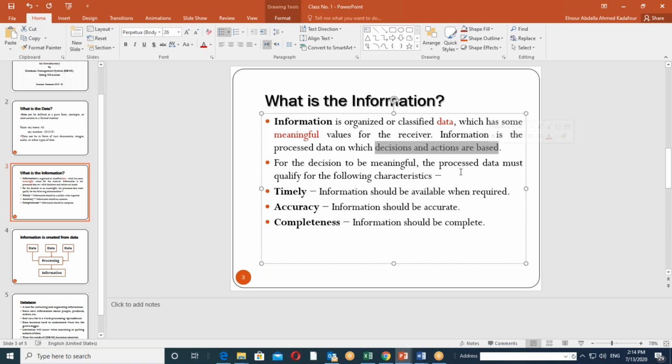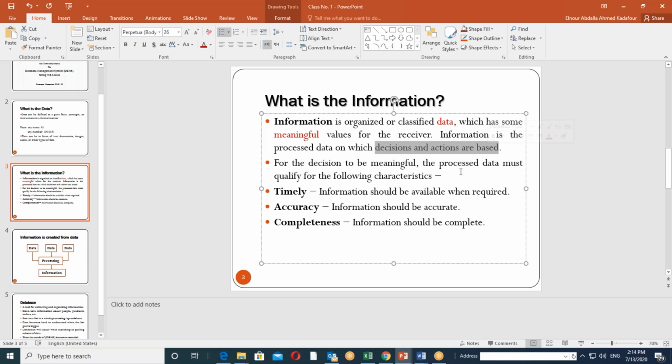If you need information, you have to pay. For example, news channels are ready to pay as much as possible to get the news from the sources. So information right now is not for free. Keep in your mind, information is organized or classified data.